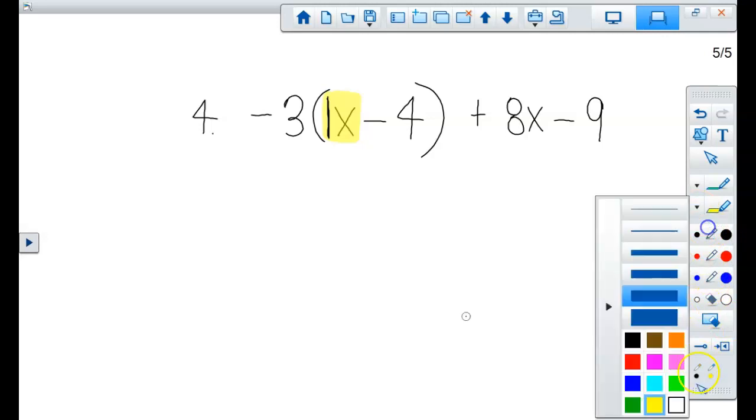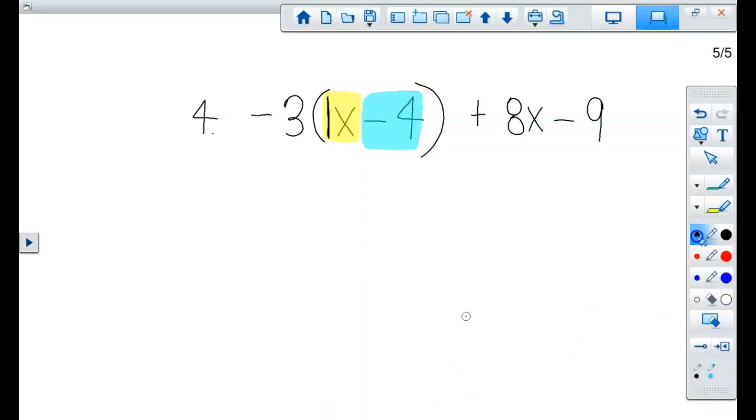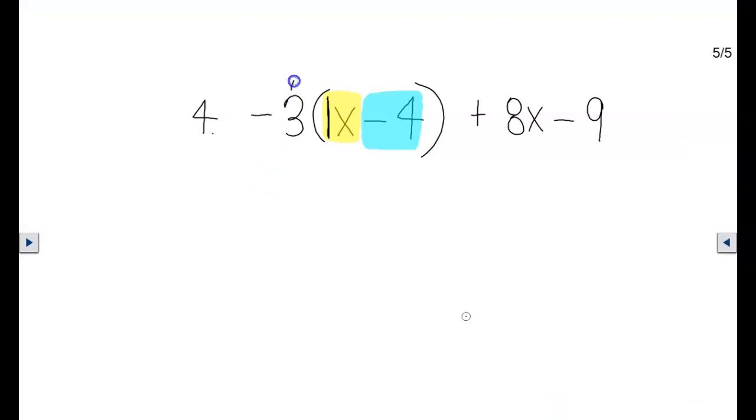For my second member of my group, I'm going to let this minus sign stay with the 4. So negative 4 is my second member of that group. Both of those will get multiplied by the negative 3 that I see in front of my parentheses. So first up, negative 3 times 1x is negative 3x.